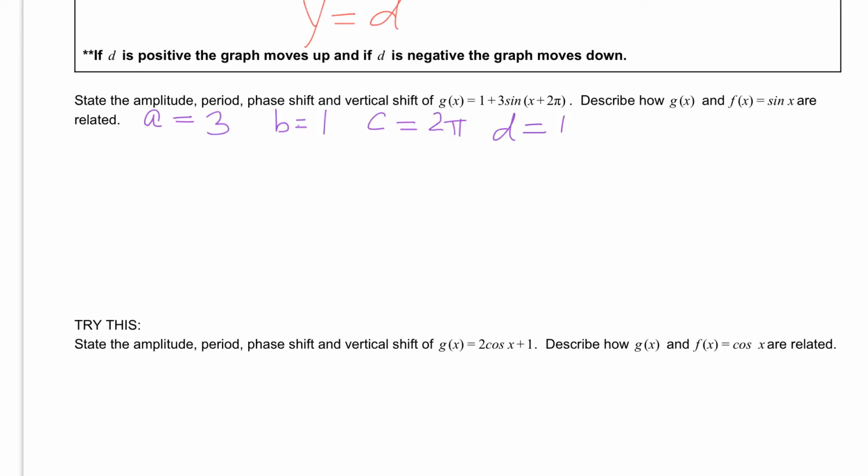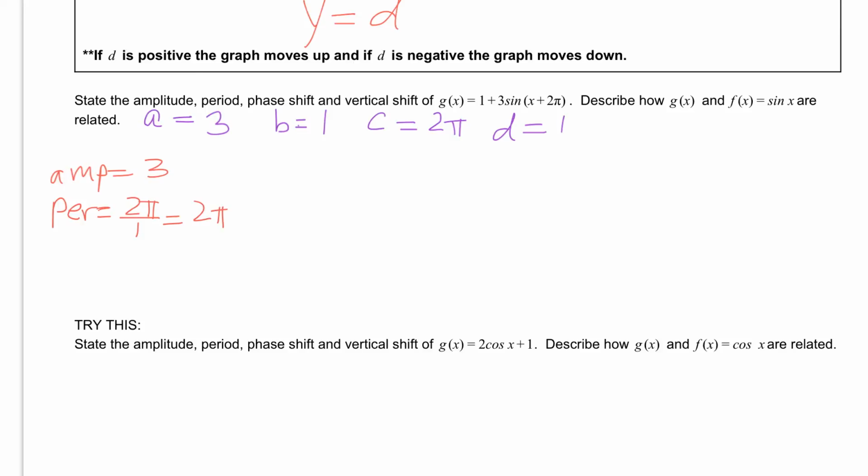Next, what we can do is find what we need, starting with the amplitude. Since a is 3 and amplitude is the absolute value of a, we know the amplitude is just 3. The period is 2 pi divided by b. So since b is 1, we have 2 pi over 1, which is just 2 pi.